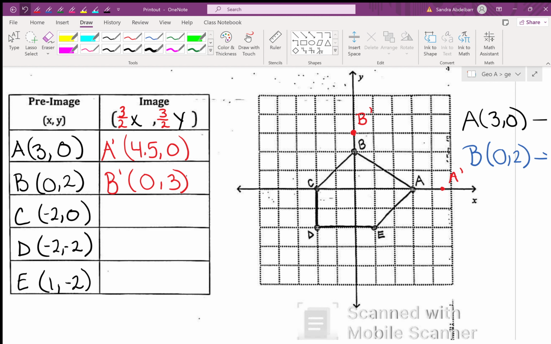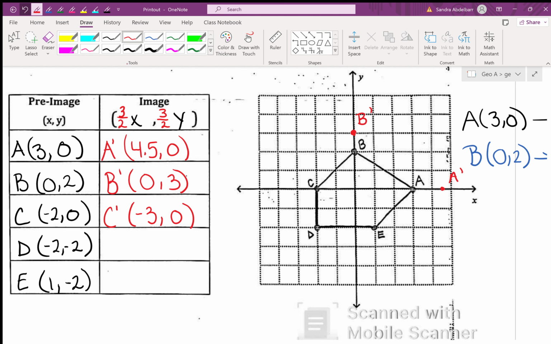Are we ready? Okay, so someone tell me, what'd you get for C prime? Chase? C prime is -3, 0. Anybody want to see me do this one? -3, 0 for C prime. We're okay?